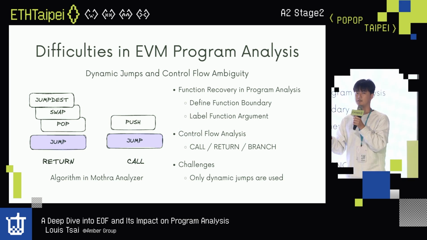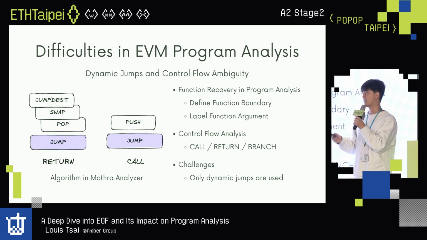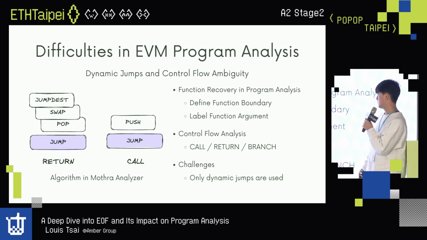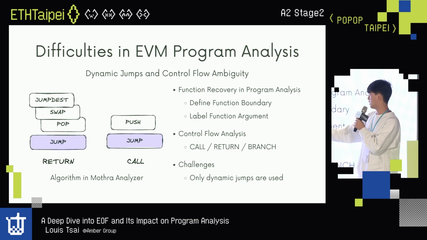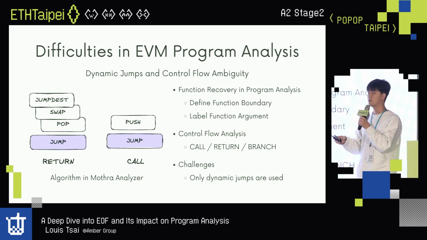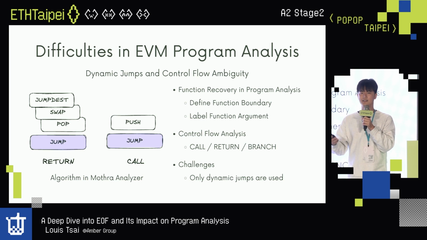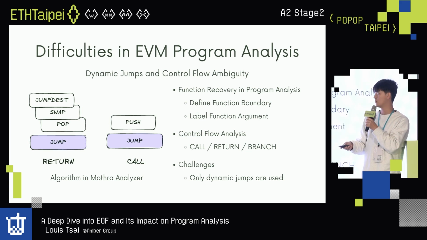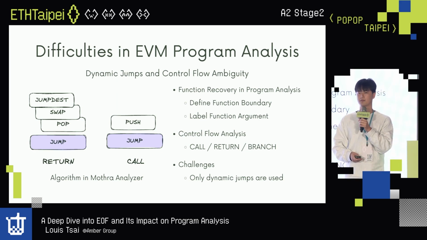In legacy EVM, it only supports dynamic jumps. So it only uses jump to represent both call and return pattern. That makes it difficult for static analyzer to distinguish whether a jump represents the call pattern or the return pattern.